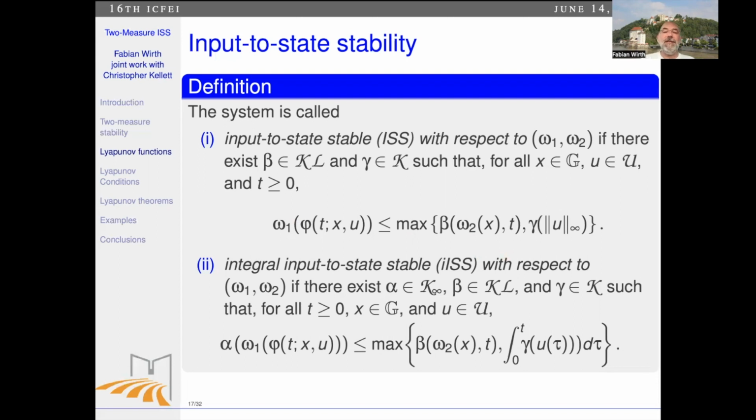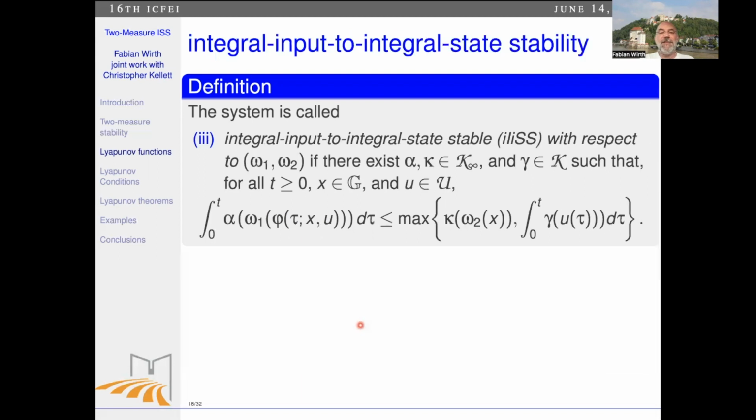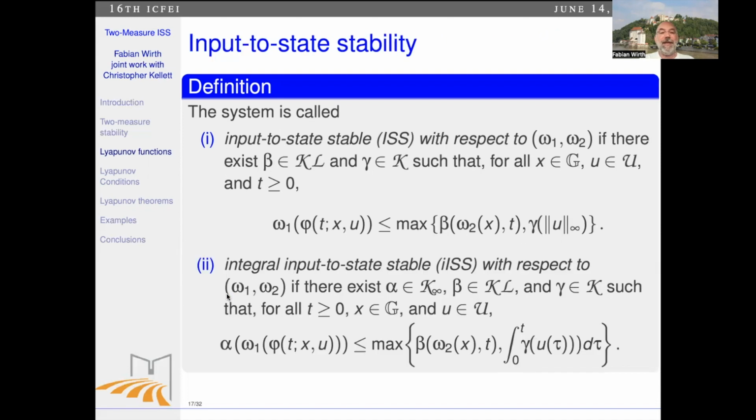And then integral input-to-state stability is also of interest. There, the only thing that's happened is we rescale the omega-1 here with a K-infinity function on the left.